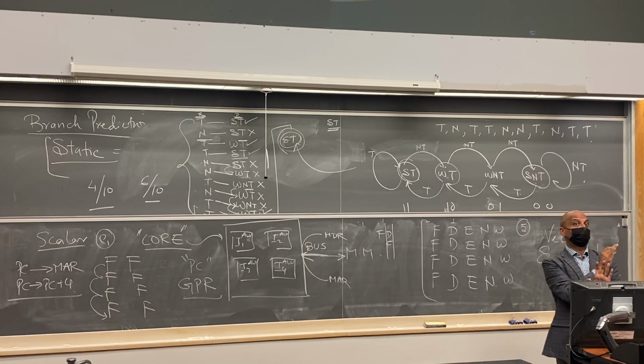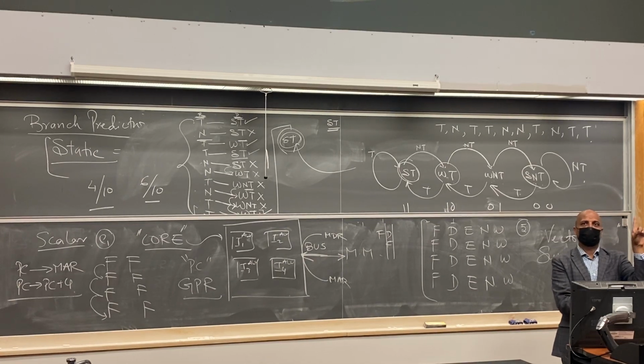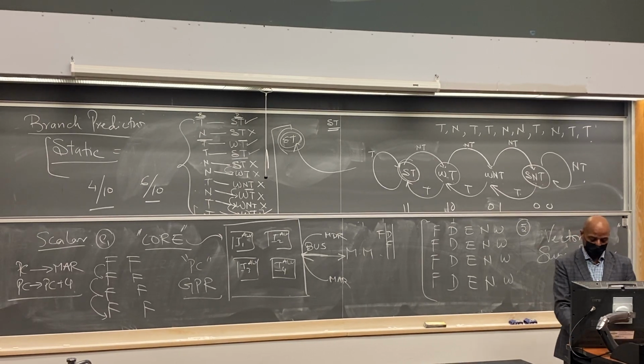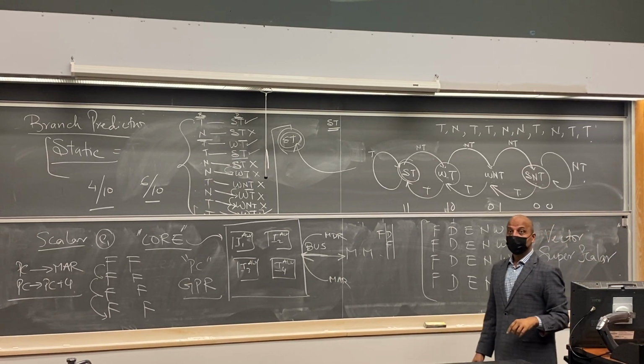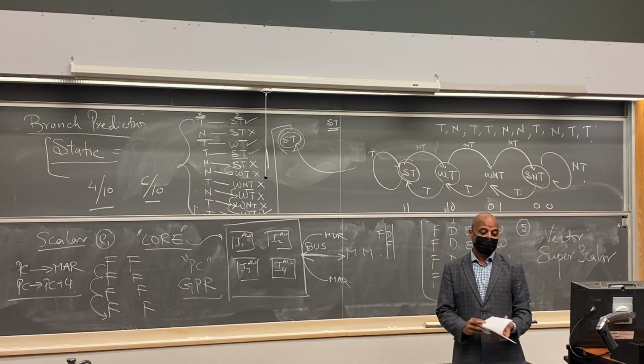Single cycle would have been 20 cycles, pipeline 8, superscalar pipeline 5. So you're improving the performance of execution, but you're still executing one program at a time. This is assuming there are no dependencies, correct? There is 0 dependency. We'll deal with dependency on Wednesday.